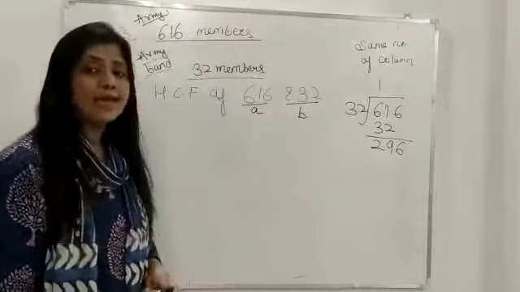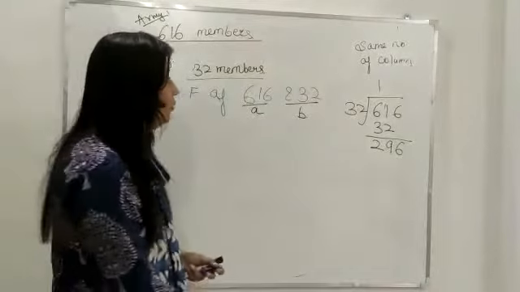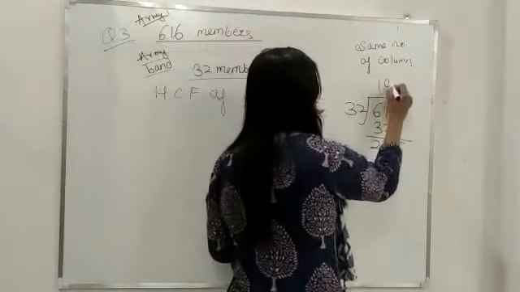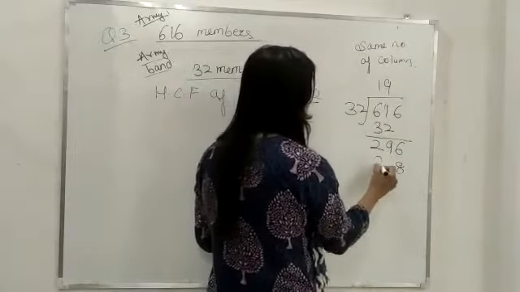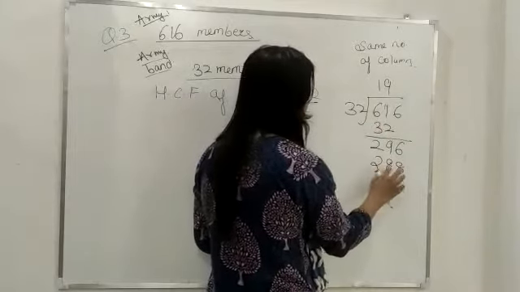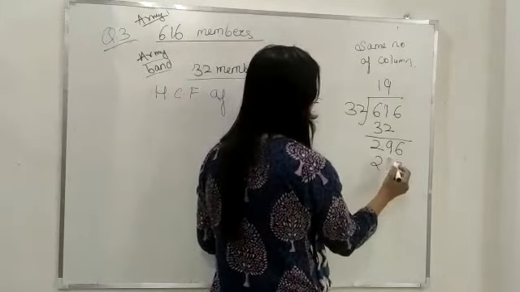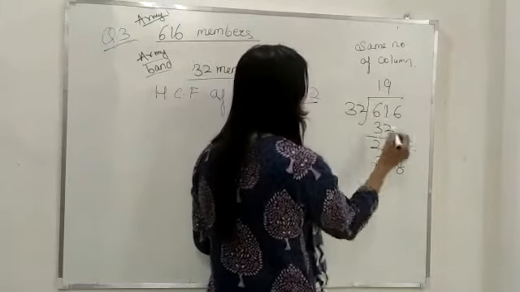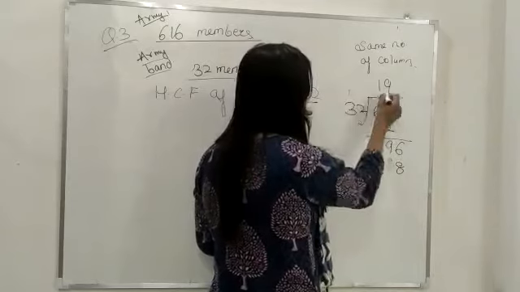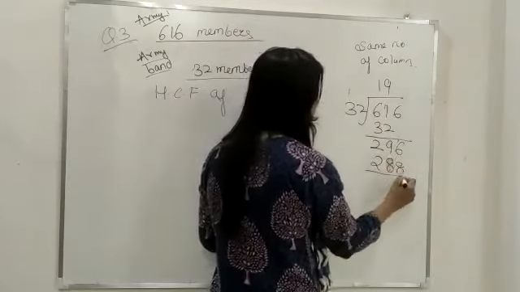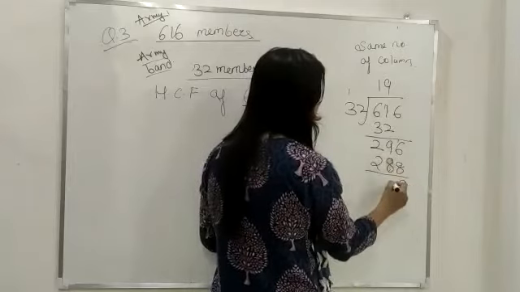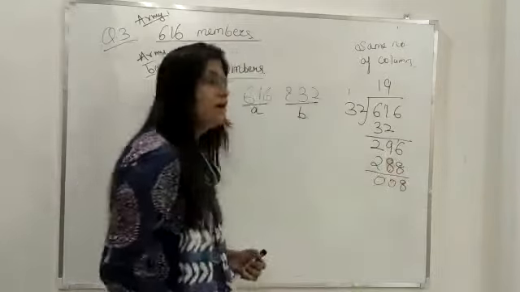Next I can try 32 times 9. So 9 times 2 is 18, 9 times 3 is 27, 28. So 16 minus 8 is 8. 8 minus 8 is 0. So the remainder is 0.